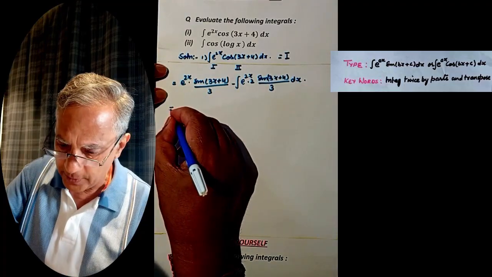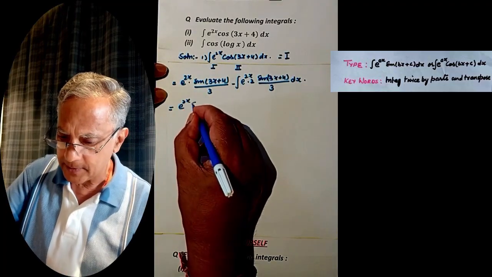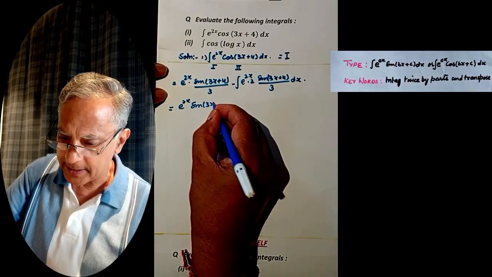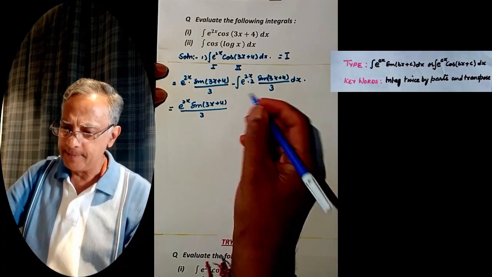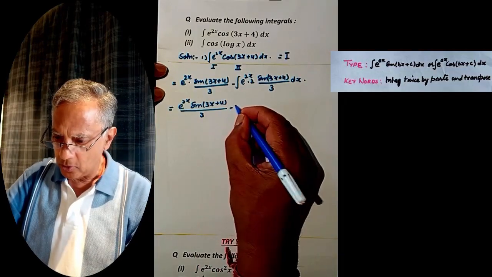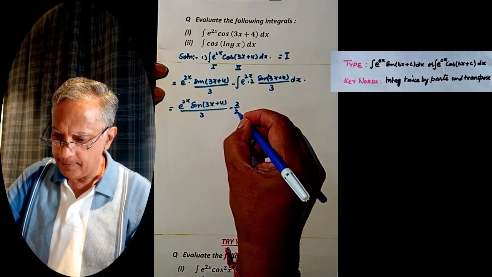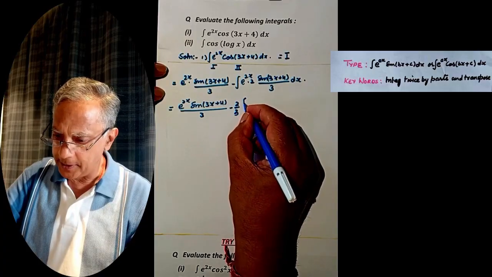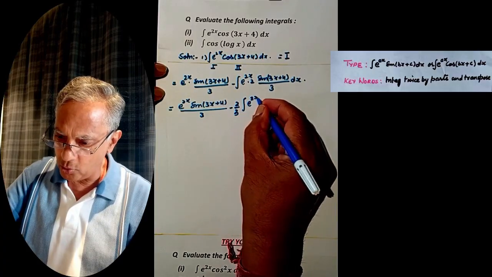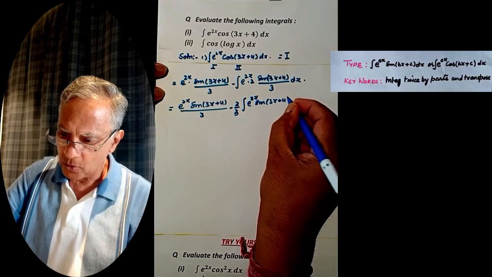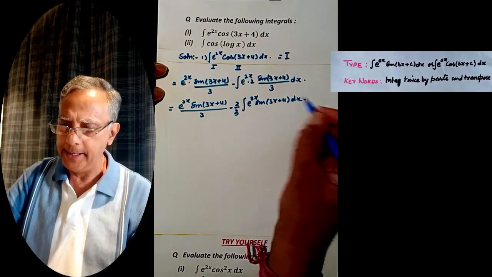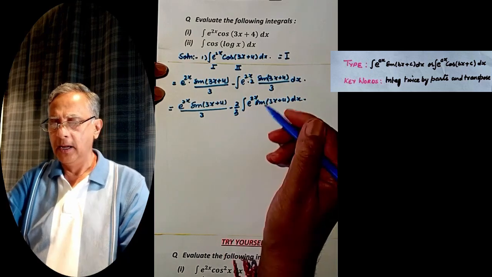This is equal to e to the power of 2x sin(3x + 4) divided by 3 minus 2 by 3 integral e to the power of 2x sin(3x + 4) dx. The 2 by 3 I have taken out.